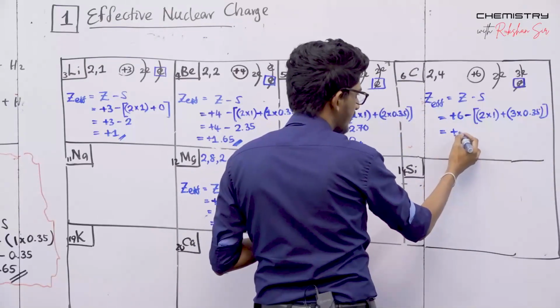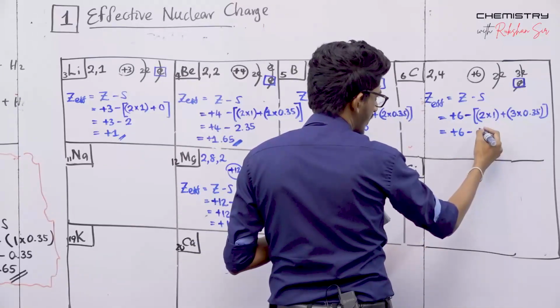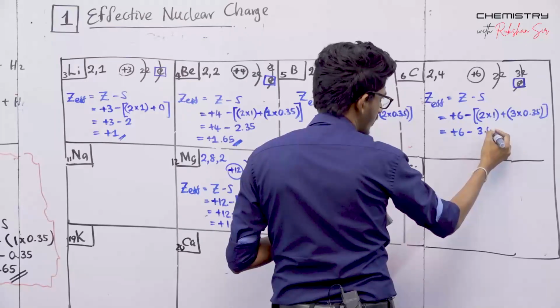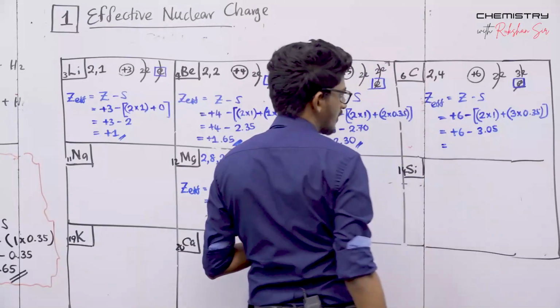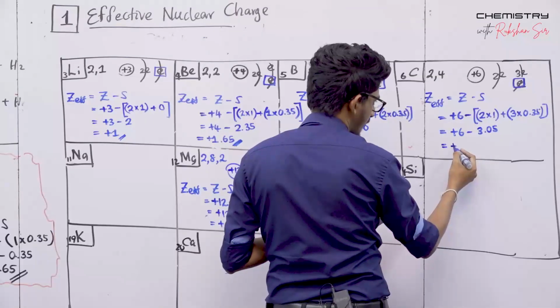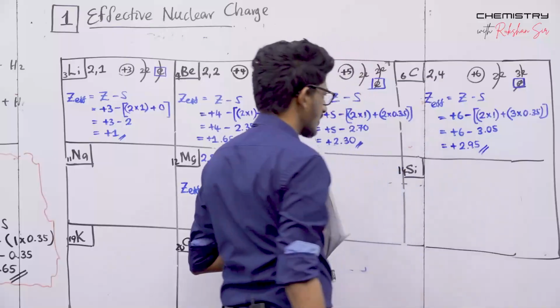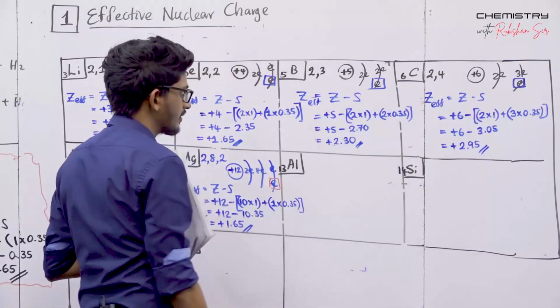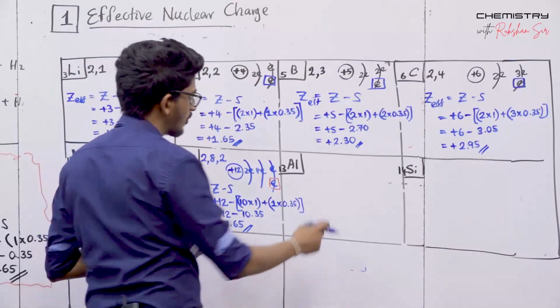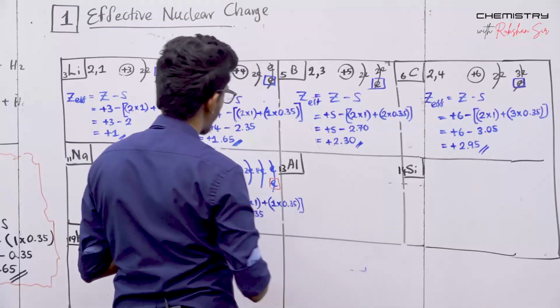So it is going to be plus 6 minus 3.05, which is plus 2.95. That is the carbon's effective charge. So you can do the other ones as well.